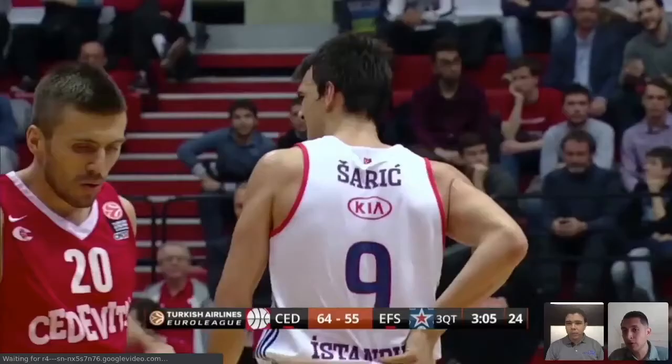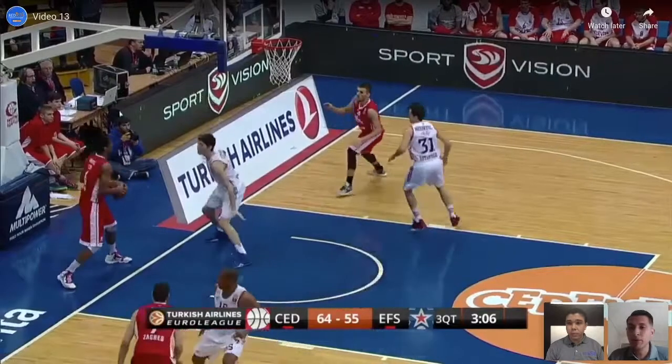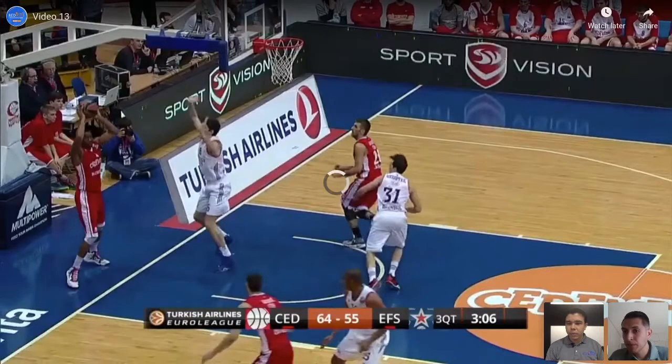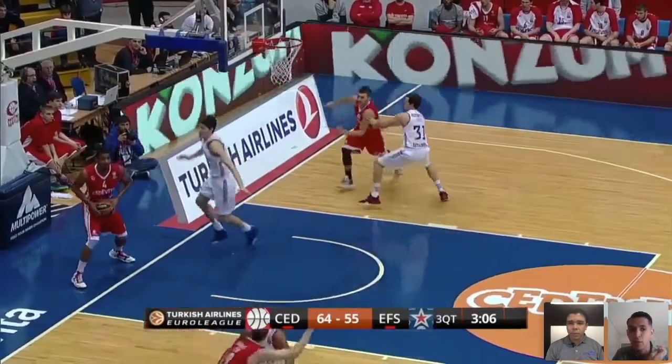So 100% of the people here say the defender does establish and maintain a legal guarding position. So they say that's an offensive foul as well. This is the exact situation I asked, but he's with the ball.